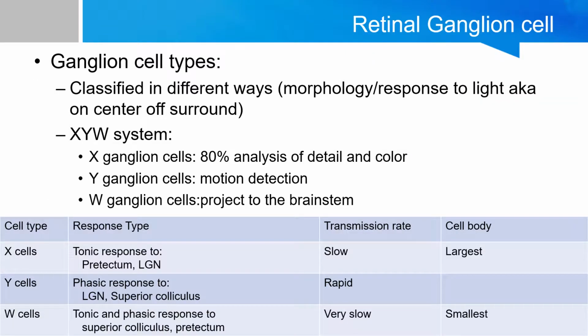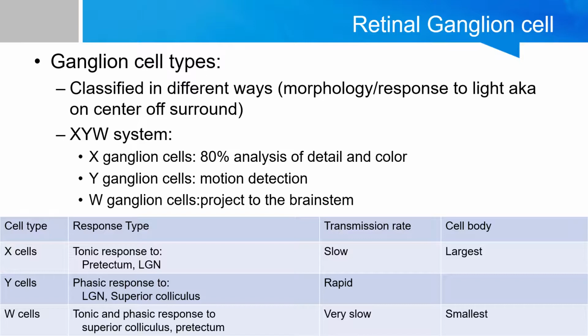The retinal ganglion cells can be further subdivided into different classes. And the classification is different based on the different criteria you use, based on morphology or the response to light. The ones that we will be concerned with is the X, Y, and W system.